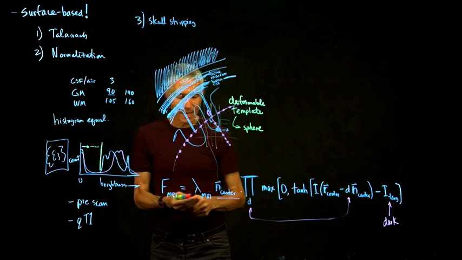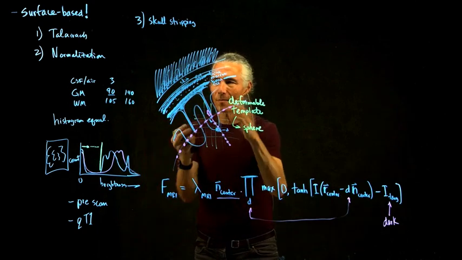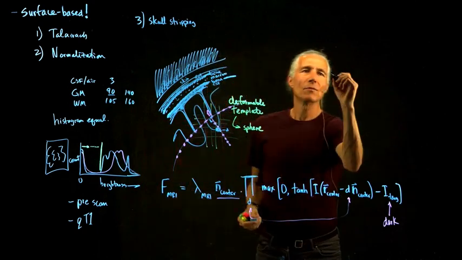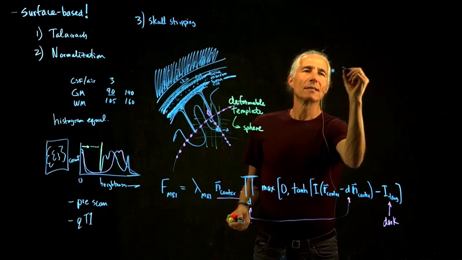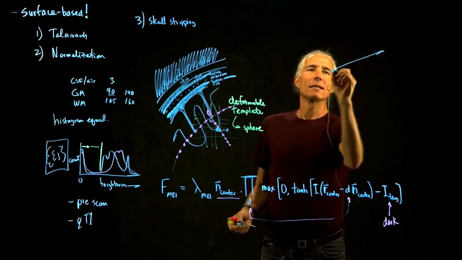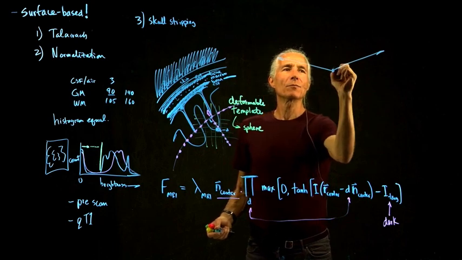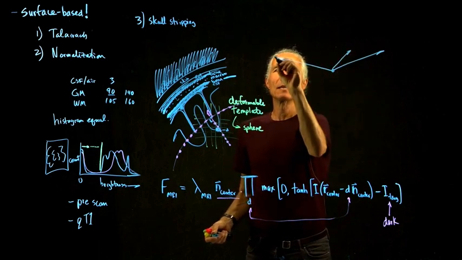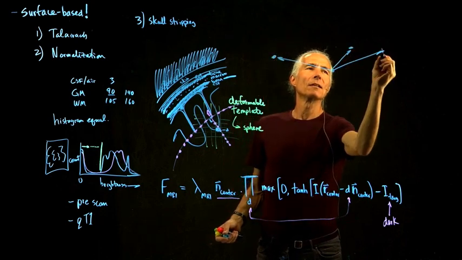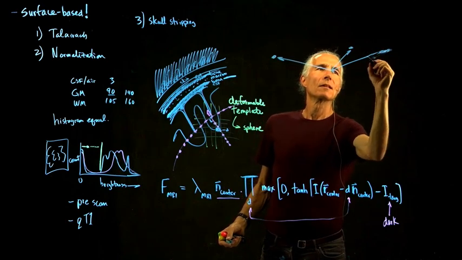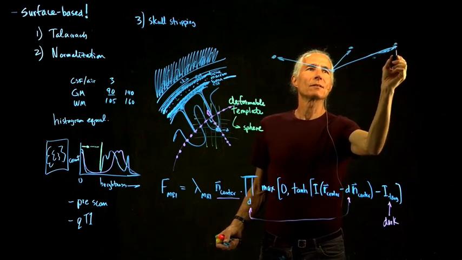Now, we need to somehow also keep the surface from collapsing, and we also want to keep the surface from getting rumply. So here's three little points on the surface.